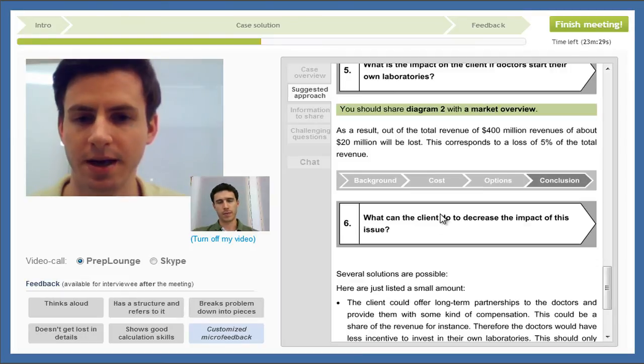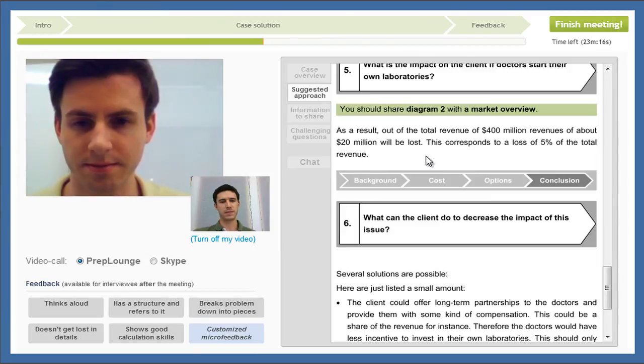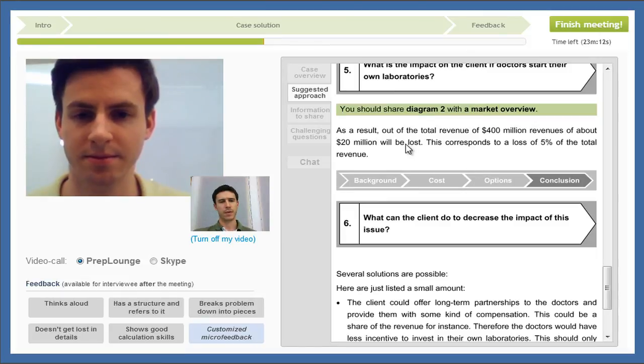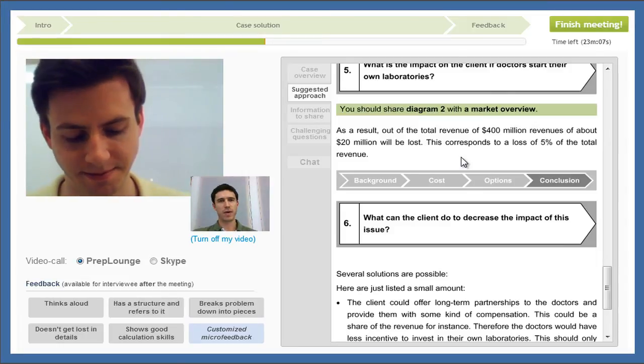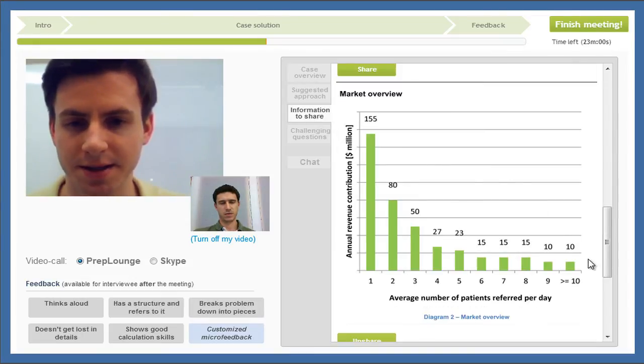So how much revenue would we lose with those doctors opening their own labs, those for whom it makes sense, with more than 8 patients per day? Remember, we have 3/4 of the total revenue being generated by those patients. Overall we have, let me just look at this, first, second, that's already 200, 280.